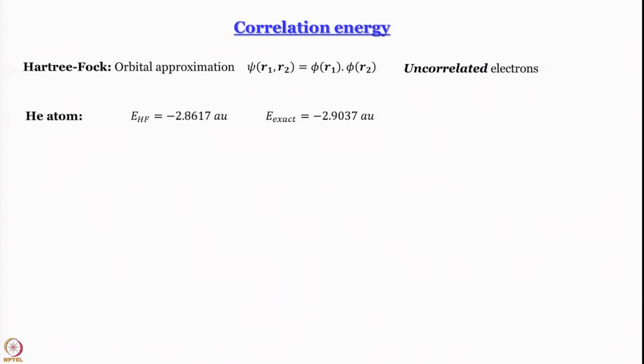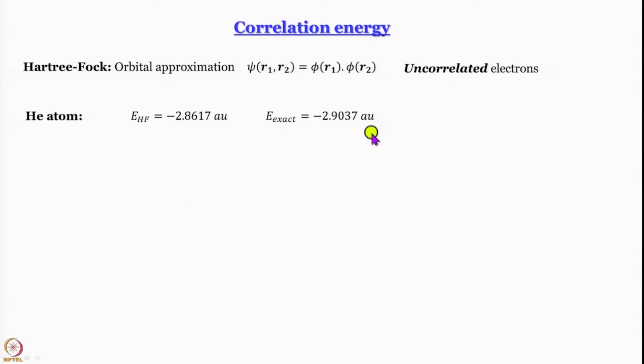So, the energy that we get doing the calculation is minus 2.8617 atomic unit. When we do a more exact calculation, of course you cannot solve it like that, but when you go back to what we had discussed a couple of classes ago, that perturbation theory using 13th order perturbation, or that variation method using a large number of terms like 1000 something terms, remember.